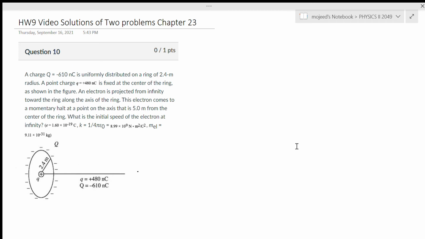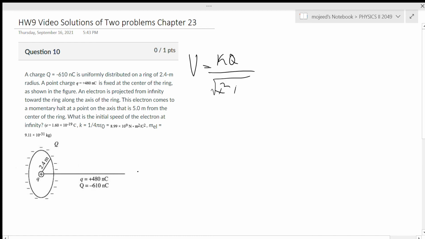So first, we have to consider the electric potential when the electron came to a halt. So we have V equals kQ over the square root of x squared plus r squared, plus kq for the point charge over x.